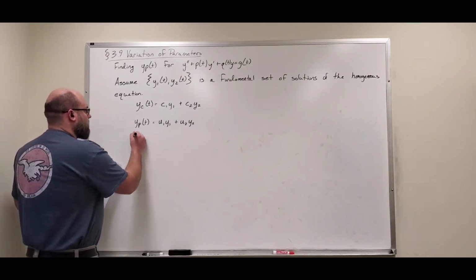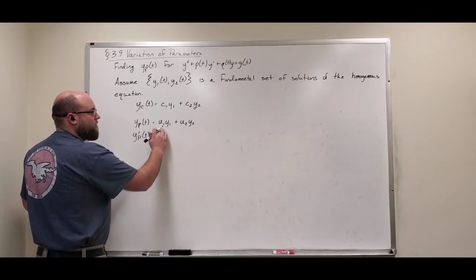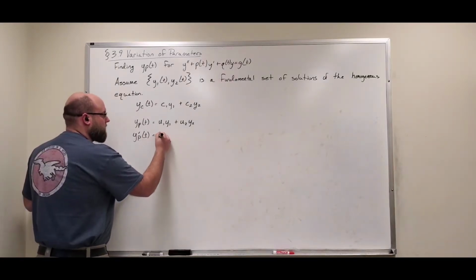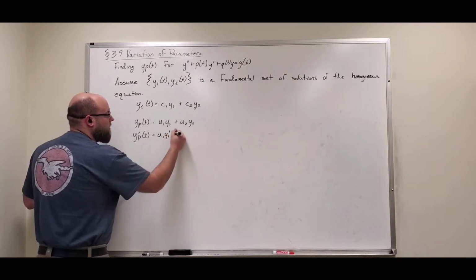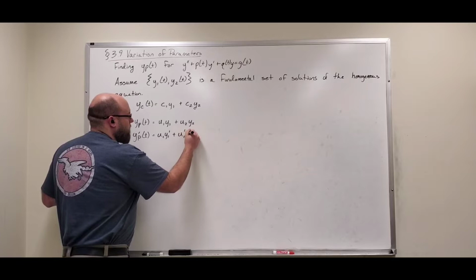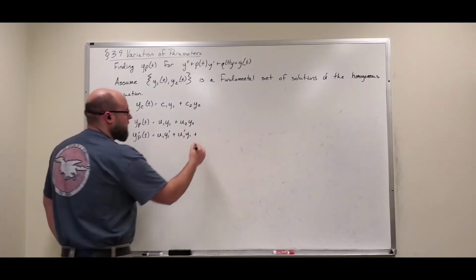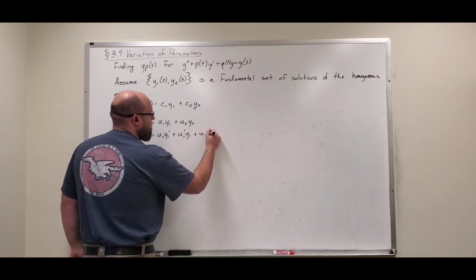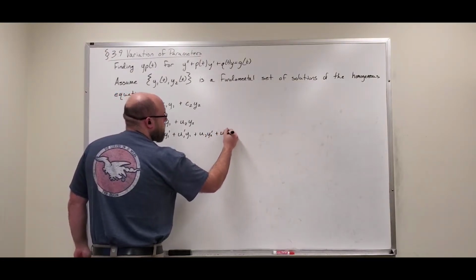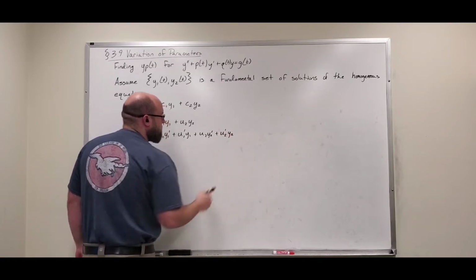Our first derivative has a nice product rule going on here: u1 y1 prime plus u1 prime y1, plus the derivative of u2 y2, so u2 y2 prime plus u2 prime y2.